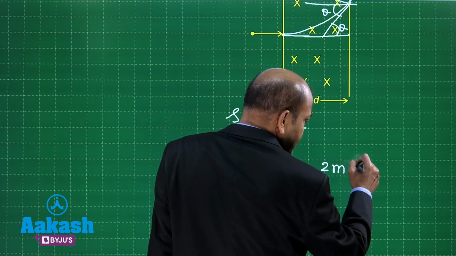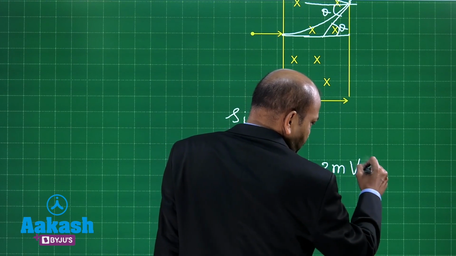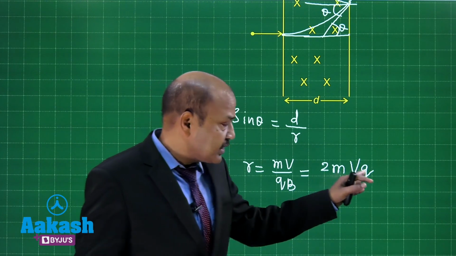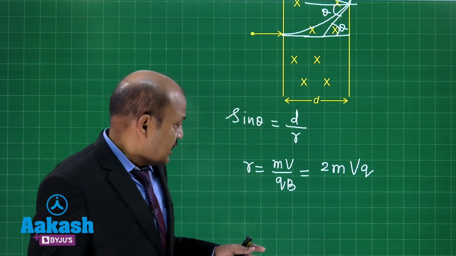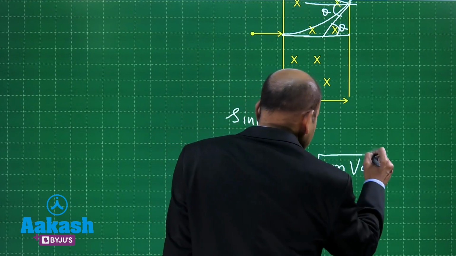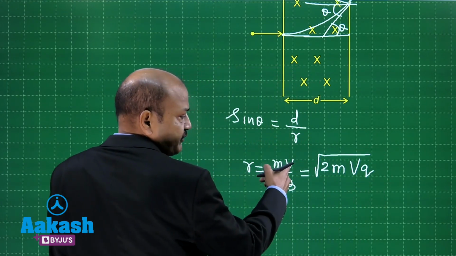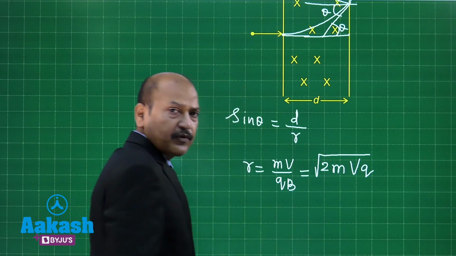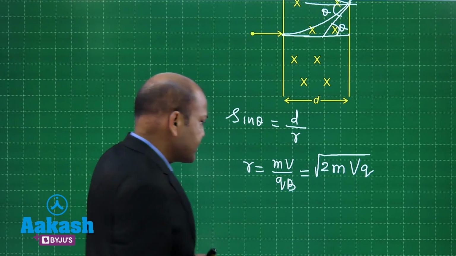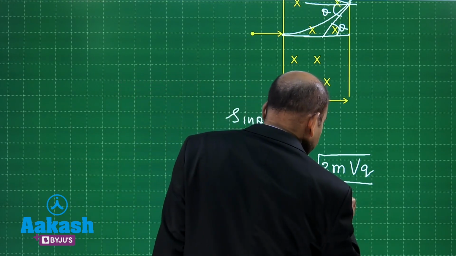Kinetic energy becomes, let us say, V into q, where V is the accelerating potential difference, q is the charge of the particle. So, we have to put a square root here. This v is for speed, and this V is for the potential difference through which the particle is accelerated, and then we have to divide it by q into B.